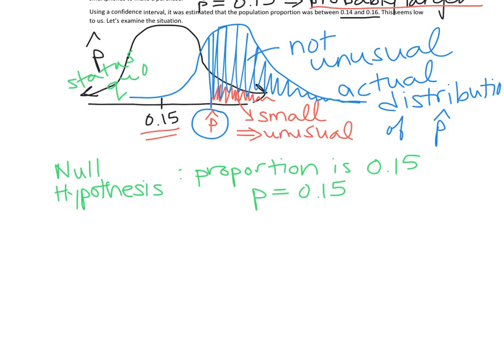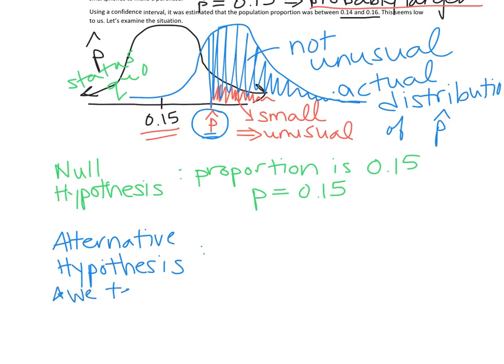And then our new idea was this stuff in blue, and what we're going to be testing, or we did test with that p-hat. So the alternative or alternate hypothesis, our new idea, is the one we test.